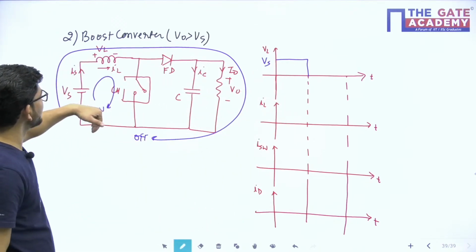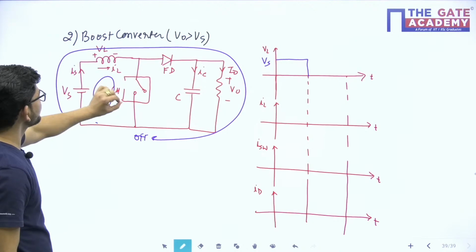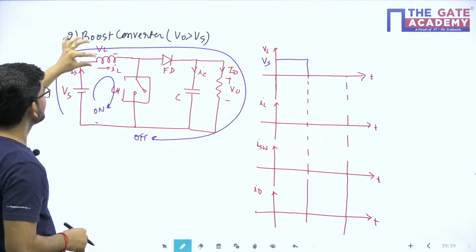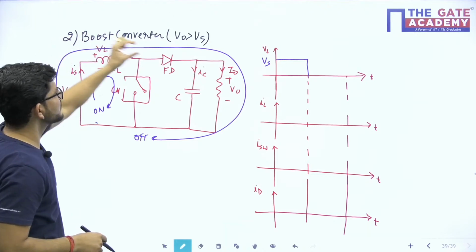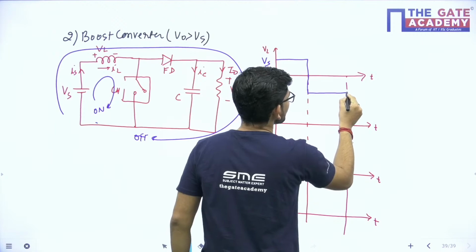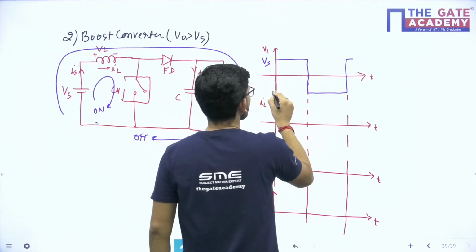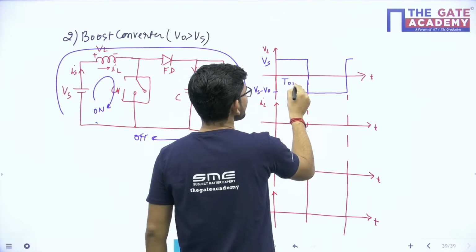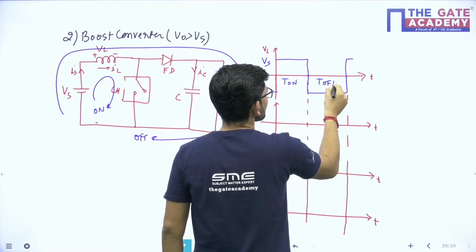Vs is equal to VL. When the chopper is off, the latter part of the circuit will come into play, and then this voltage VL will be equal to Vs minus V naught. So this is Vs minus V naught. So this is your on period and this is your off period.